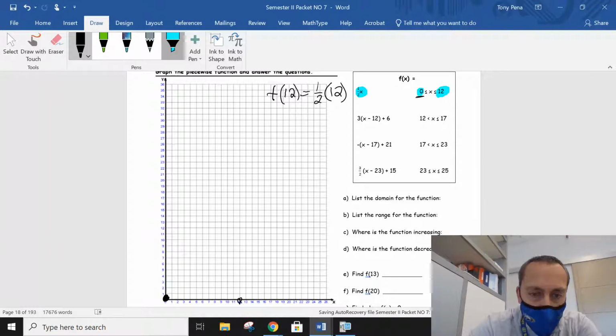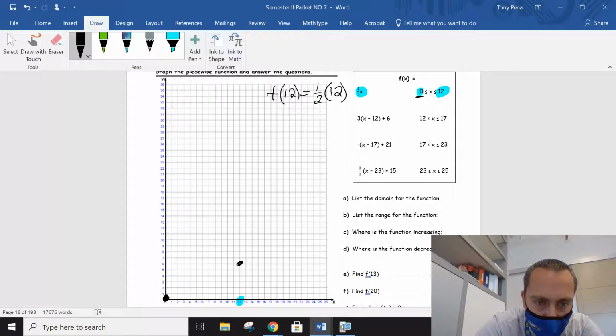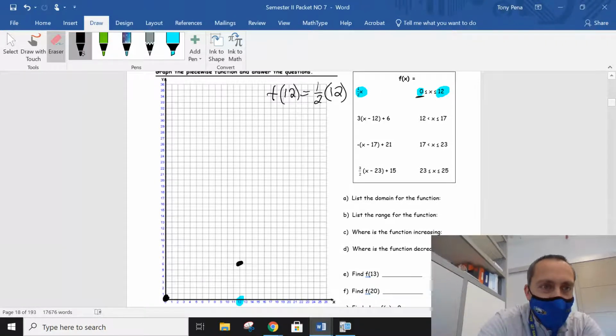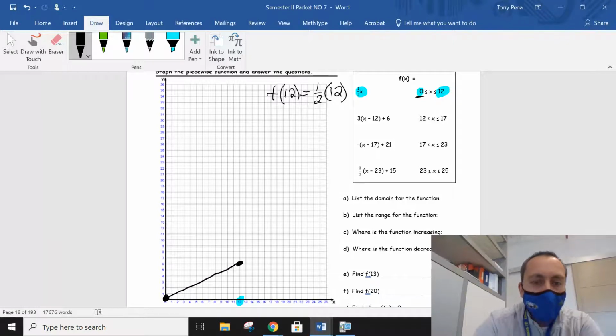So here's 12. Why is it not blue? And go up to the y coordinate of 6. Right, so 12, 6 is right here. Put that dot. Connect those. I missed. It's not easy to draw this thing. So connect those dots. And then that's our first part.